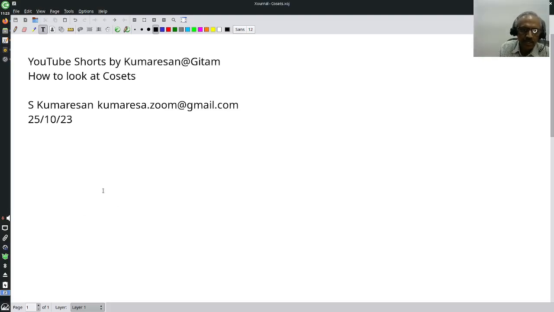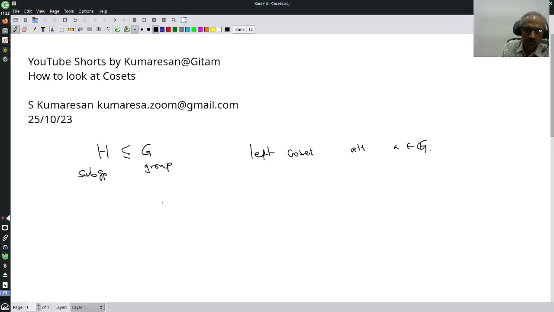So suppose I have a subgroup H of a group G. Then a left coset is of the form aH, where a is an element of G. Now two things.